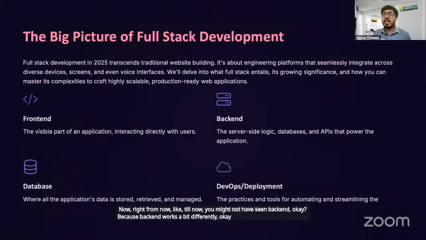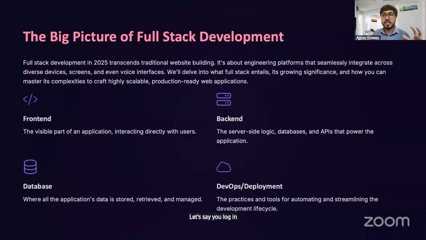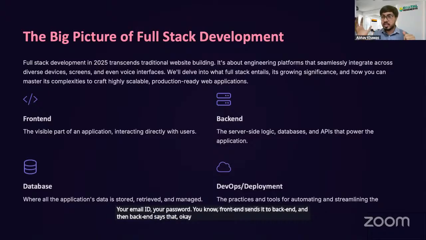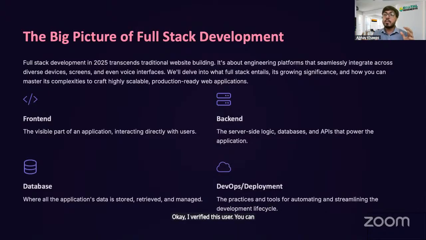Basically, how backend works is, let's say you log in, you are sending the backend your login information, your email ID and your password. Front end sends it to backend, and then backend says, okay, I verify this user, you can log them in. So backend is the one actually doing the real work.